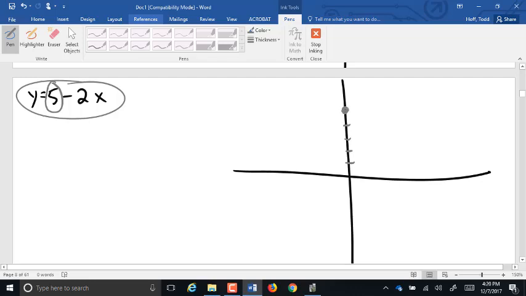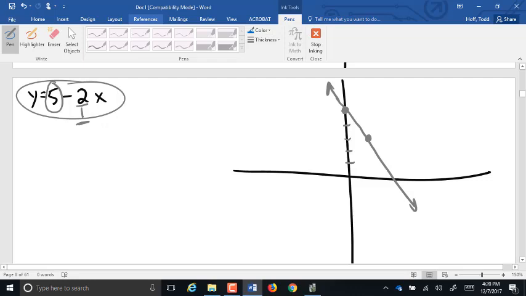That's the number being added or subtracted. That's the y-intercept. So we start right there. Now this is a -2 times x. We make it a -2 over 1. So from that starting point, we will go down 2. That's the -2. And then over 1. That's the one on bottom here. And so our line goes through those 2 points. Any questions?